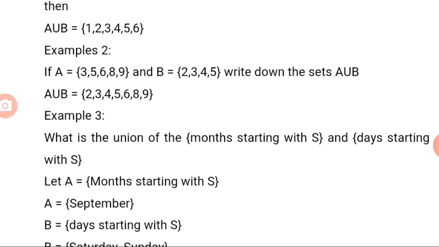This means that we are writing this in set form. So, set A will contain only one element, and that element is September. That is the only month that starts with the letter S.